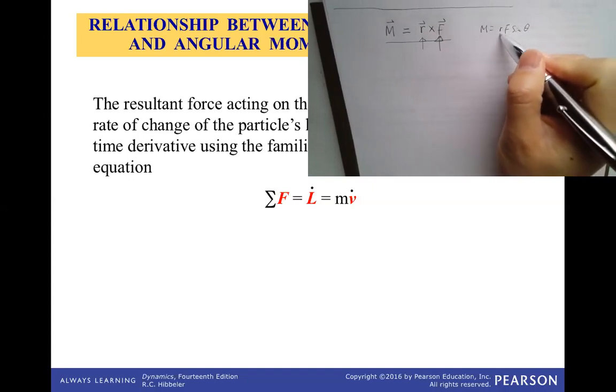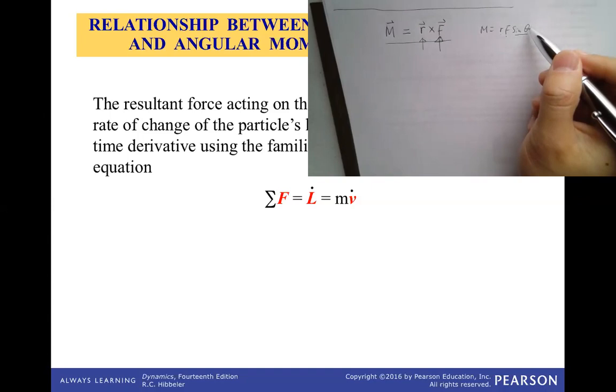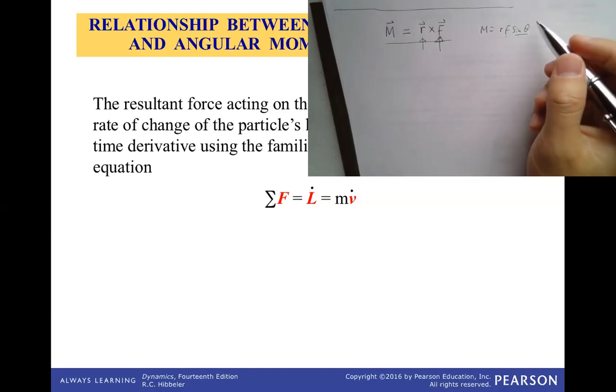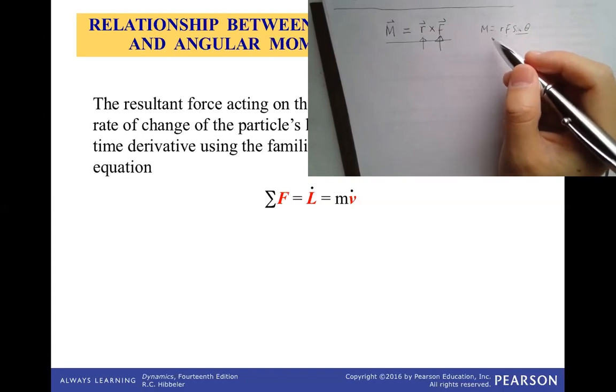So it's not only the magnitudes of r and F, but it also depends on the angle the two make. If the two make an angle of 0 degrees, then the whole moment becomes 0.